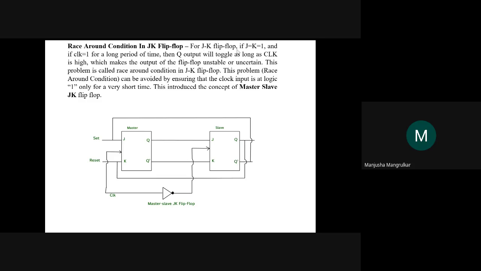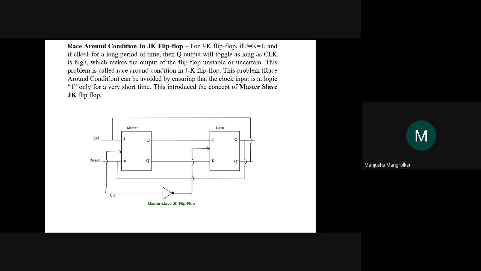For a JK flip flop, if J and K are equal to 1 and if the clock is 1 for a long period of time, then the Q output will toggle as long as the clock is high, right? When the clock is high it toggles between the outputs, which makes the output of the flip flop unstable and uncertain. Sometimes it gives 1, sometimes it gives 0.